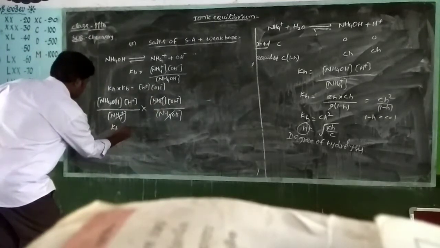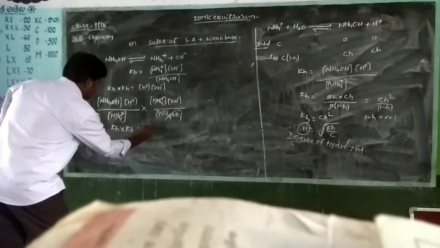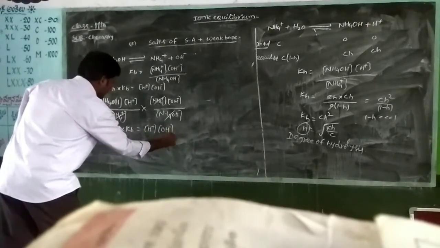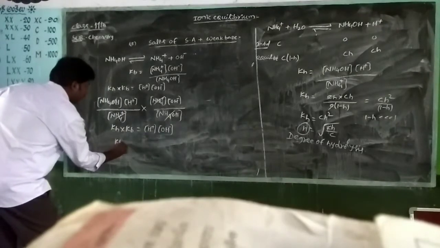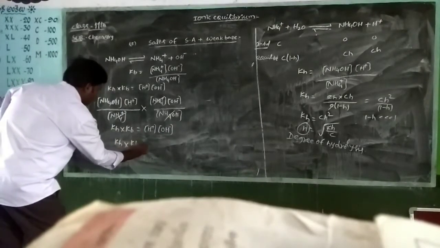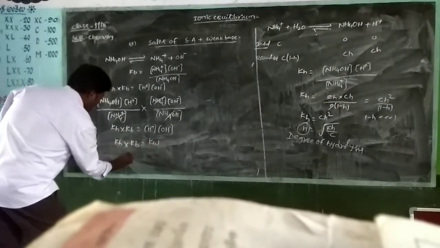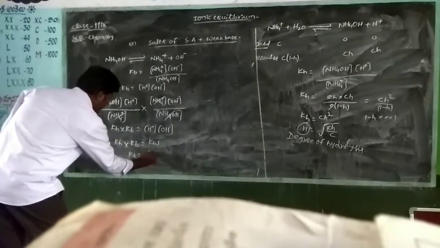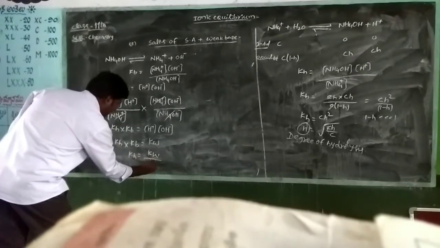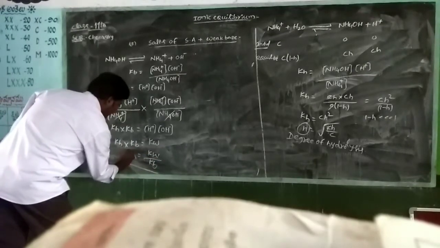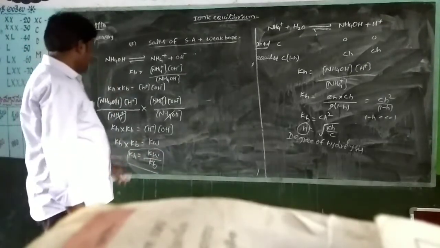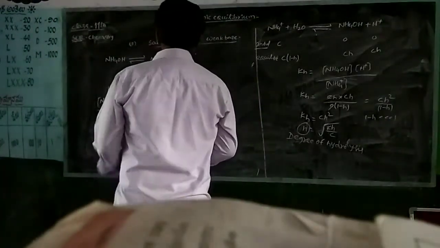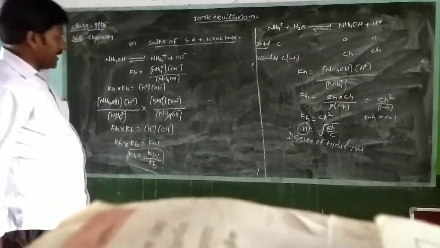Kh into Kb is equal to H plus concentration, OH minus concentration. You can find Kh into Kb is equal to what? Kw. Kw is equal, that means Kh is equal to what? Kw by Kb. Hydrolysis constant is equal to Kw by Kb.